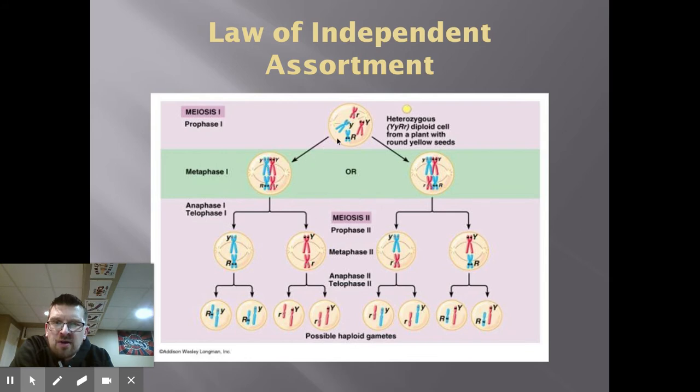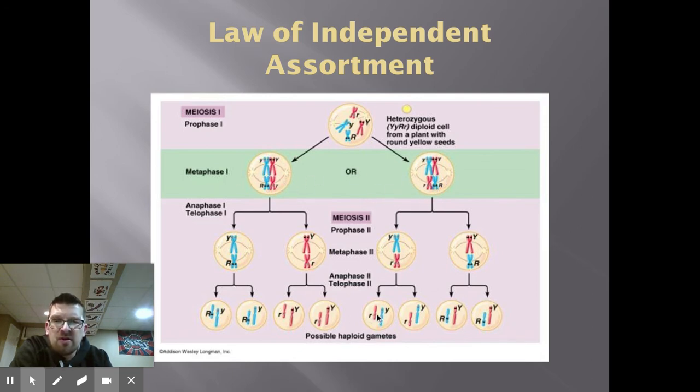Here's a picture of the gene shuffling process. If you track the alleles in the different chromosomes, you see here in meiosis, which is the process of making a sperm or an egg cell, we would have the original, and then here we have the split. So we have metaphase one, where one of these two things would occur. It's random which one of these occurs. But take a look at the different gametes that would form based on just which one of these random events took place.